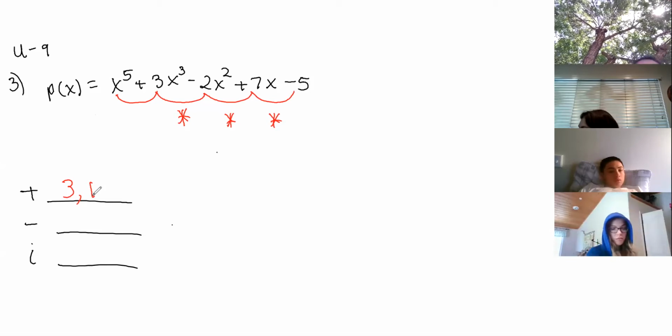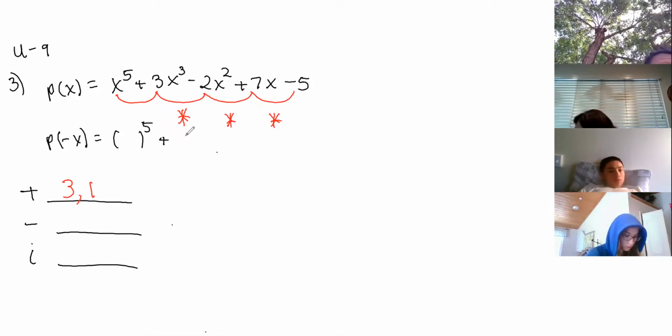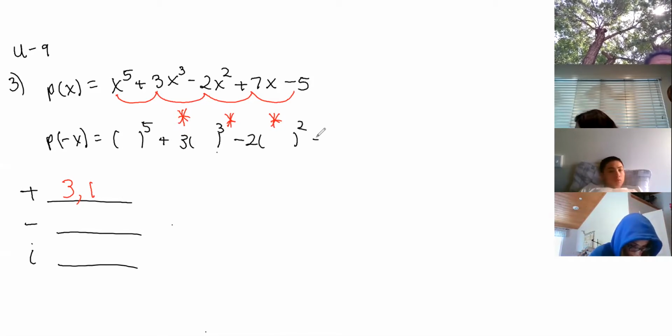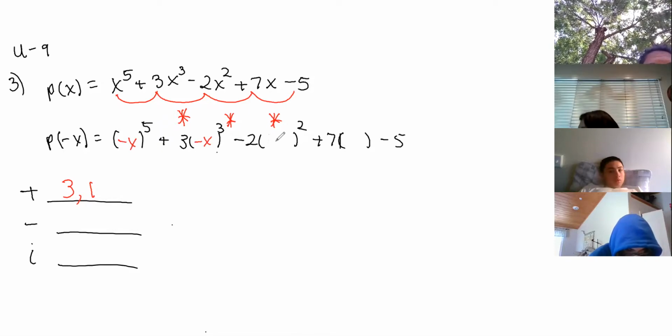Okay, now what we do next is p of negative x. What we're going to do here is plug in negatives for all of my x's and then test the number of sign changes. So I'm going to plug in a negative x for all of my x's, clean it up, and then check for the sign changes.